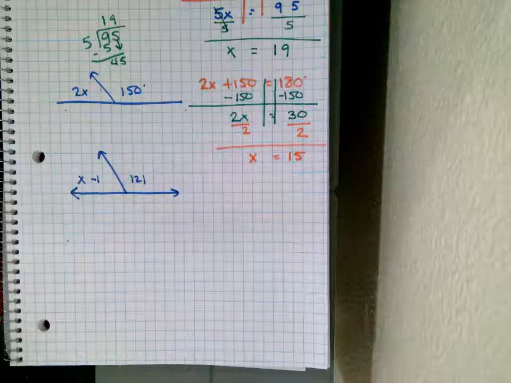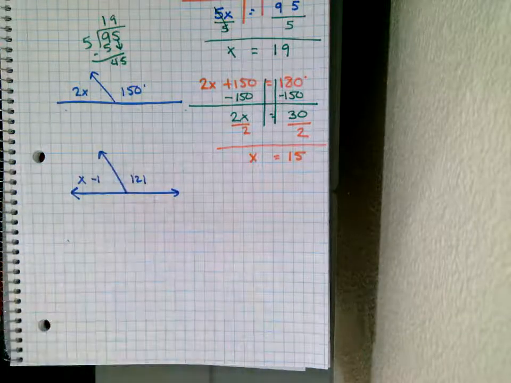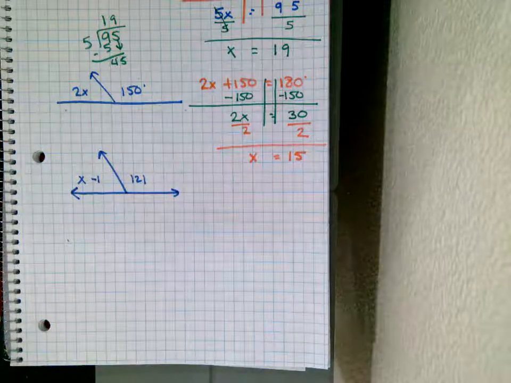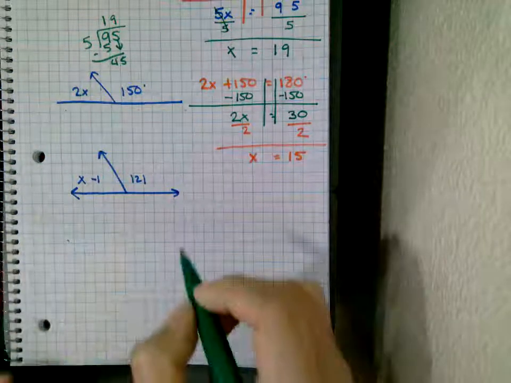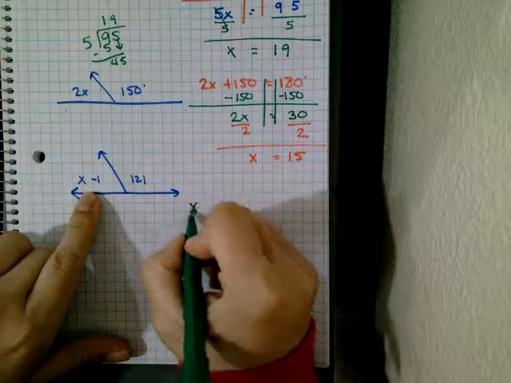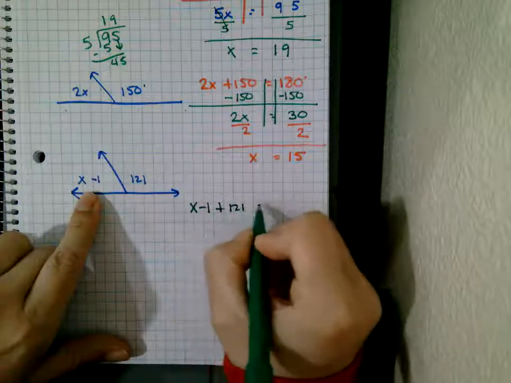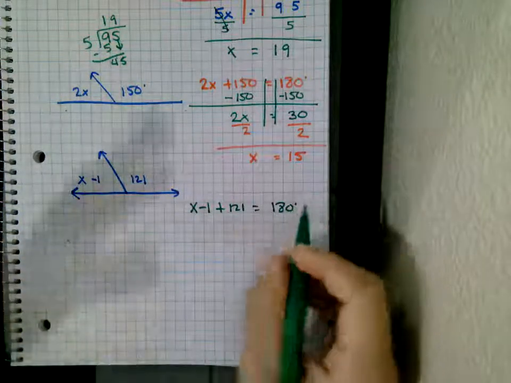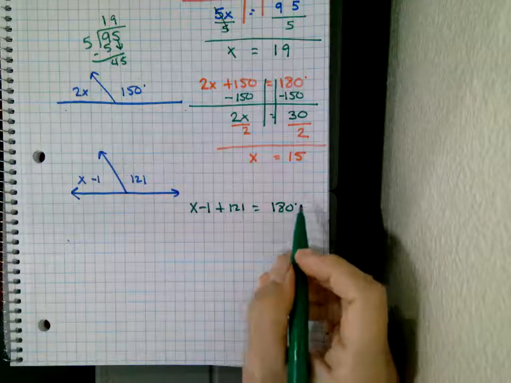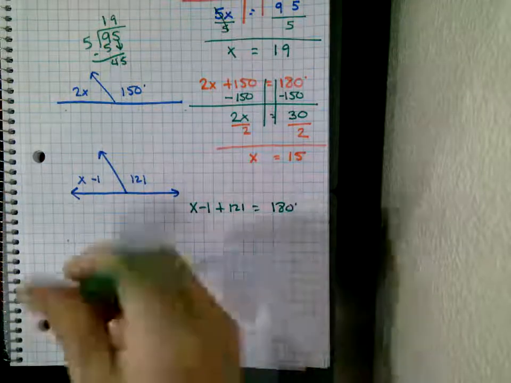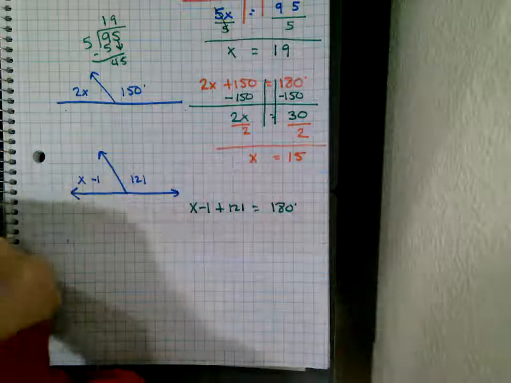Whenever you had a subtraction in the problem, it went crazy. You guys went all over the place. So when you set up your problem, x minus 1 plus 121 equals 180, right? Yesterday you set it up equal to 90 because it was complementary. Today it's supplementary. Now, it was crazy what I was seeing.